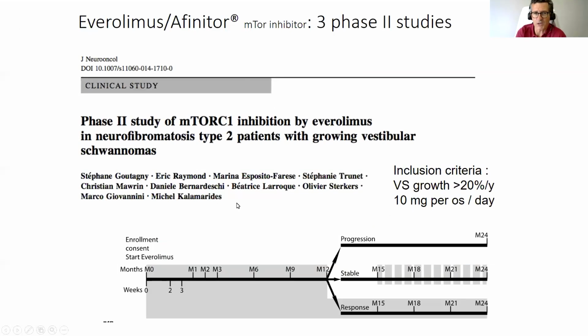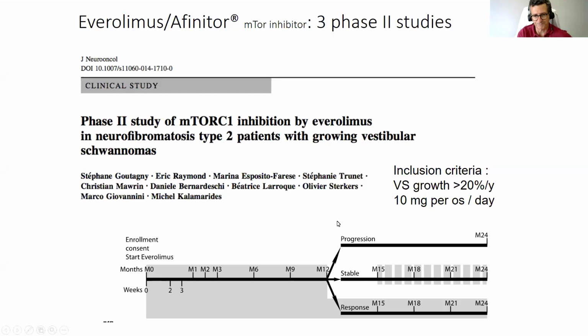The other treatment we are using is everolimus. It's an mTOR inhibitor. There were 3 clinical trials on this drug, 2 in the US, in Los Angeles and at NYU, and we have done this. It's not as efficient as bevacizumab, but the interest of this treatment is that it's an oral treatment.